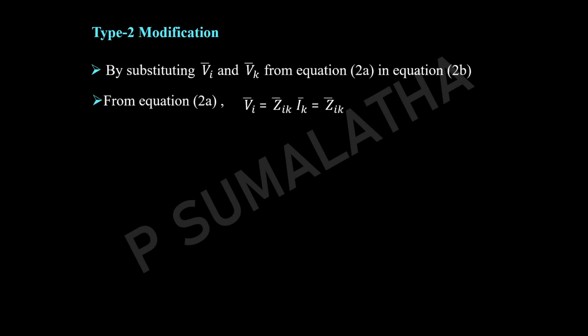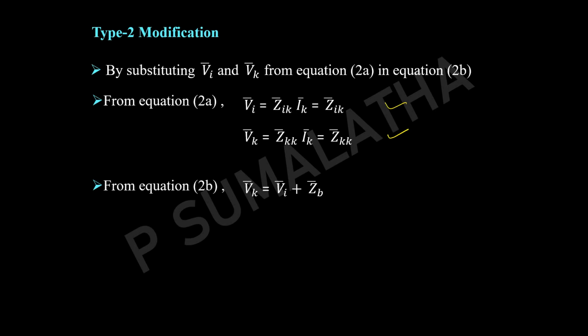From equation 2a, we got the relation V suffix i is Zik into I suffix k, and V suffix k is Zkk into Ik, which is equal to Zkk. So these are the two equations we already got from the set of equations that we have derived. And from equation 2b, we got the relation V suffix k is V suffix i plus Zb into Ib.